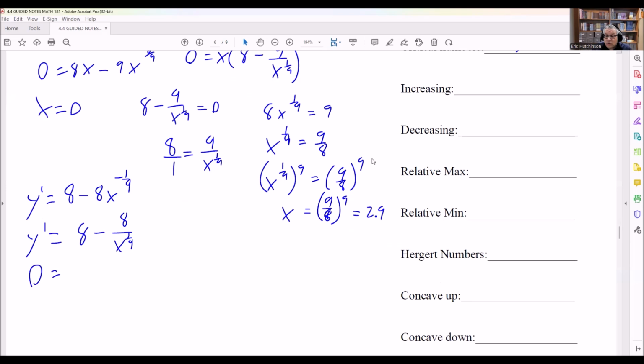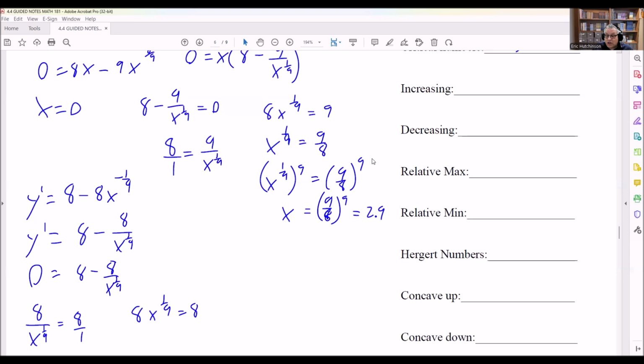So we have 0 equals 8 minus 8 over x to the 1/9. We're going to move one of these terms over to the other side. 8 over x to the 1/9 is going to equal 8 over 1. We're going to cross multiply like we did earlier for the intercepts. We get 8x to the 1/9 equals 8.